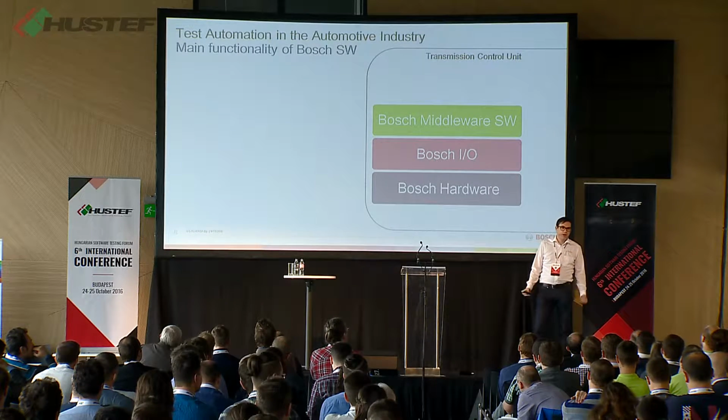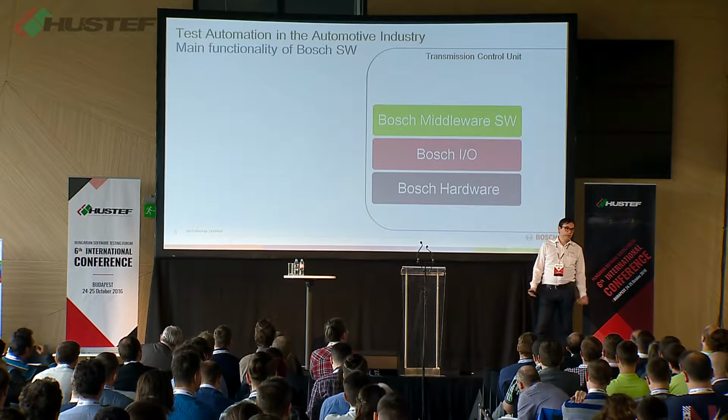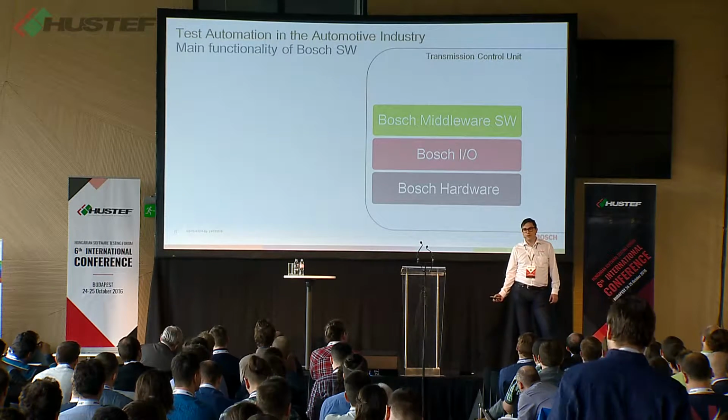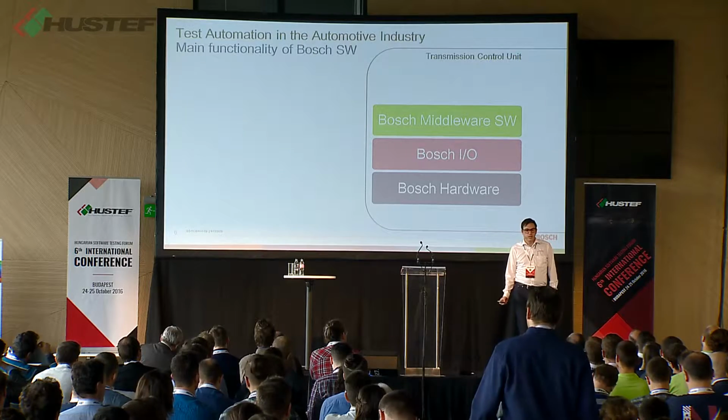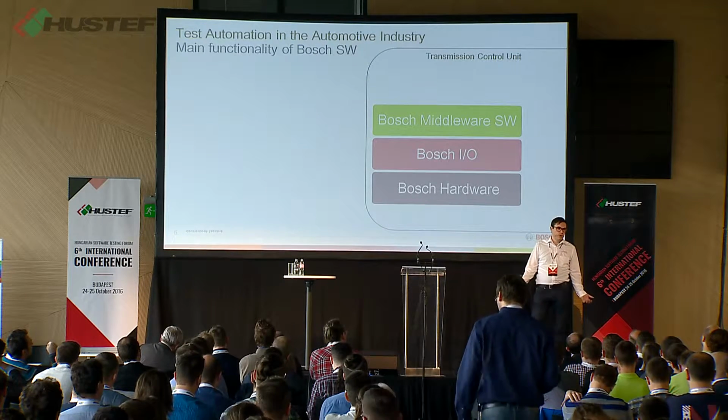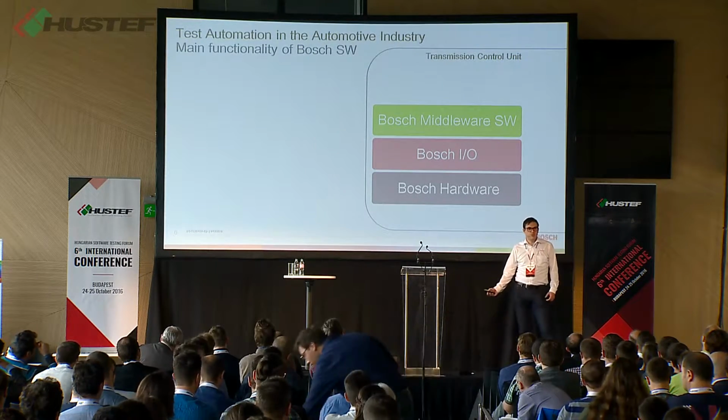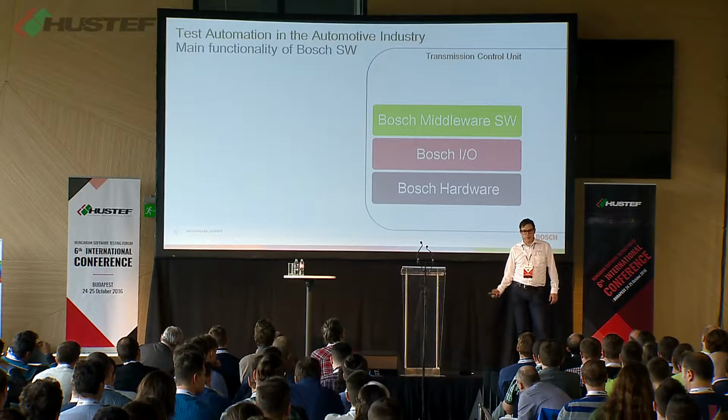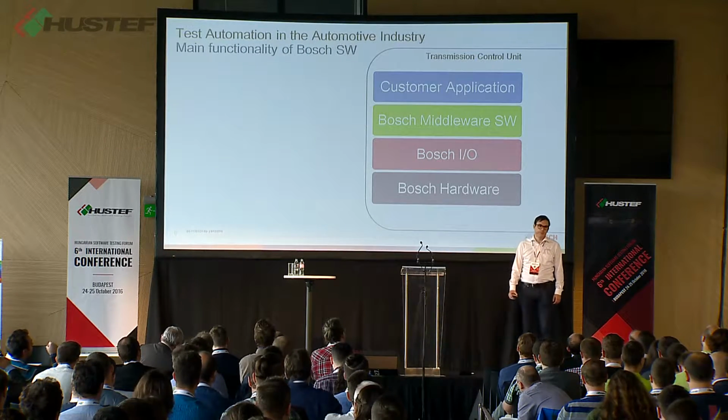Normally, our customers like to keep the application development to themselves. What does it mean? It means that they want to implement themselves how to shift, when to shift, and the strategy itself. That would be the customer application on top.